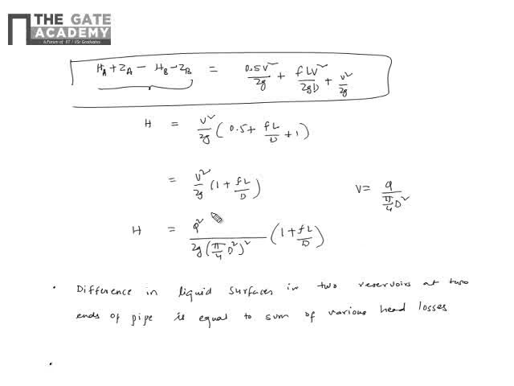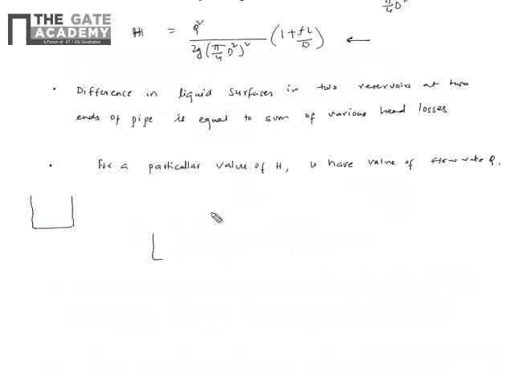Another point which comes from this is that for a particular value of the head loss, or the difference H, you have a particular value of flow rate Q. So if I know one reservoir and the other reservoir downstream, I know the difference in the free surface levels, the difference in the height of the water in both the reservoirs.